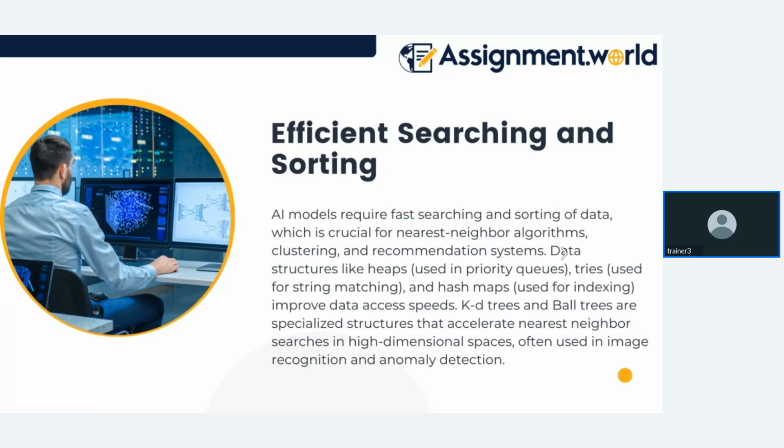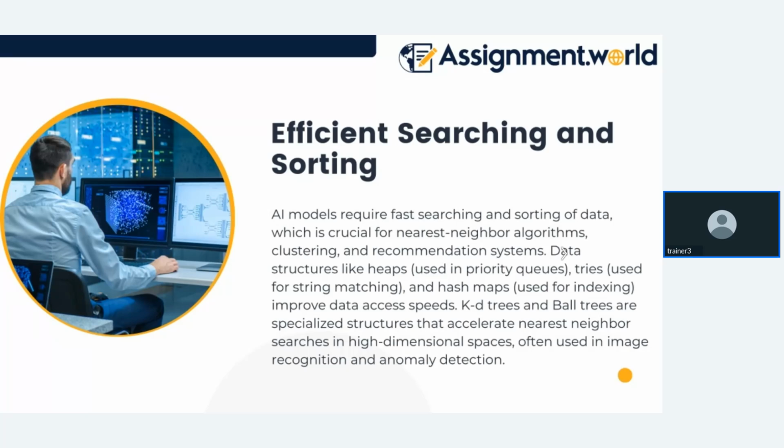Data structures like heaps that are used in priority queues, and trees and hash maps, they improve the data access speeds. They improve speed because they have indexes, so they can be easily accessed through index.